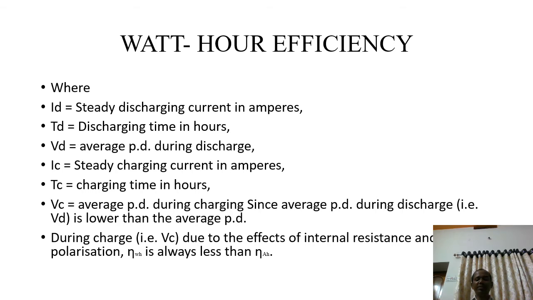Since the average PD during discharging is lower than the average PD during charge, that is Vc, due to the effect of internal resistance and polarization, zeta WH is always less than zeta AH.